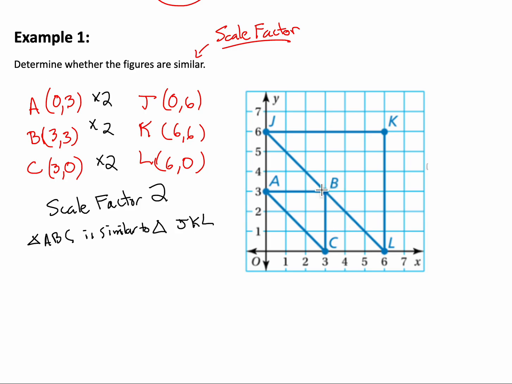So another way we could look at that is the side lengths. Side AB has a length of 3, and A corresponds with J, B corresponds with K, so that side length JK is 6 up here.